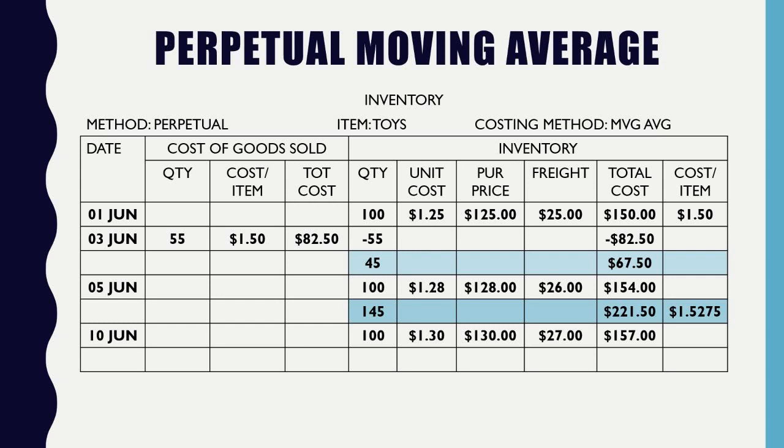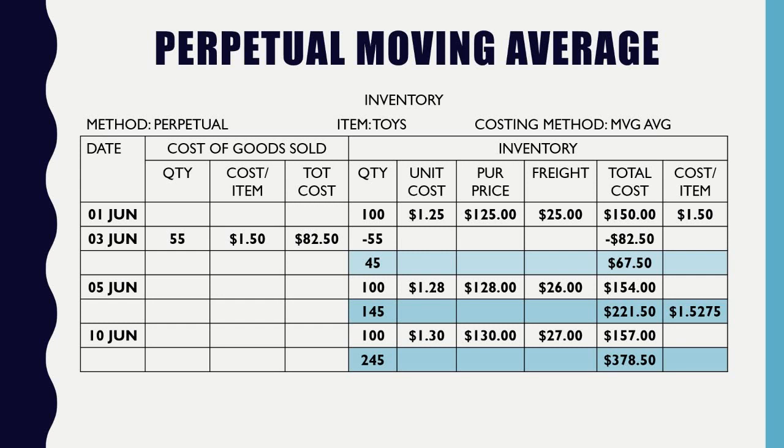So now, since I have a new purchase, I need to once again combine my totals here to get 245 total quantity at a total cost of $378.50.